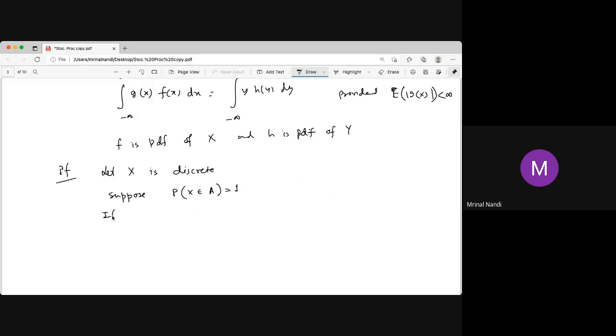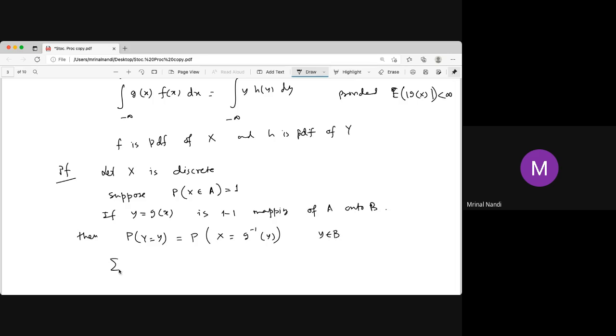Now if y equals g(x) is a one-to-one mapping of A onto some B, then the probability that y equals y is nothing but the probability that x equals g inverse of y, since it is one-to-one, for y belonging to B.